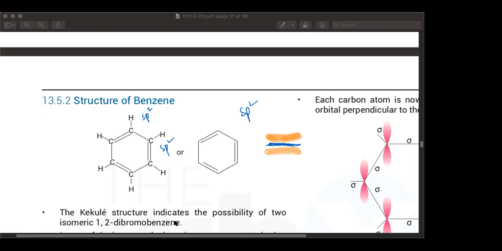All the carbons are present here in the flat hexagon, each carbon attached to a hydrogen atom, and all the pi electrons are above and below the plane where the atoms are present.